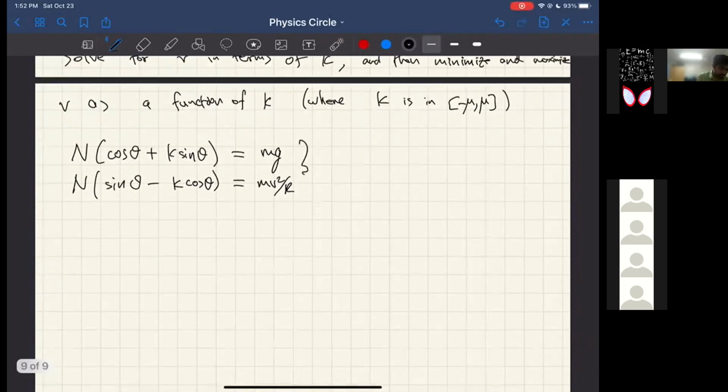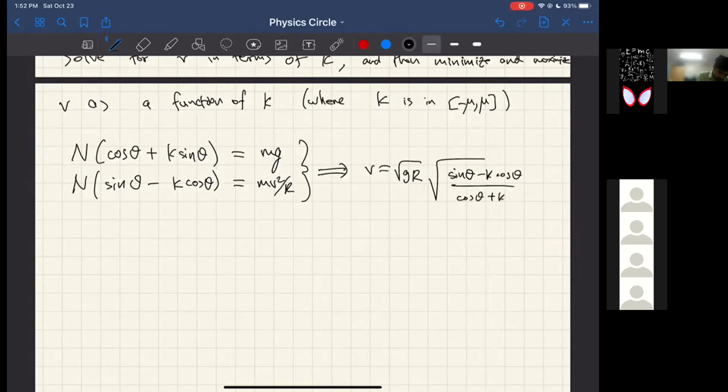So this implies that v, if I divide these two equations to get rid of the n, so now based on this, what is the minimum speed?